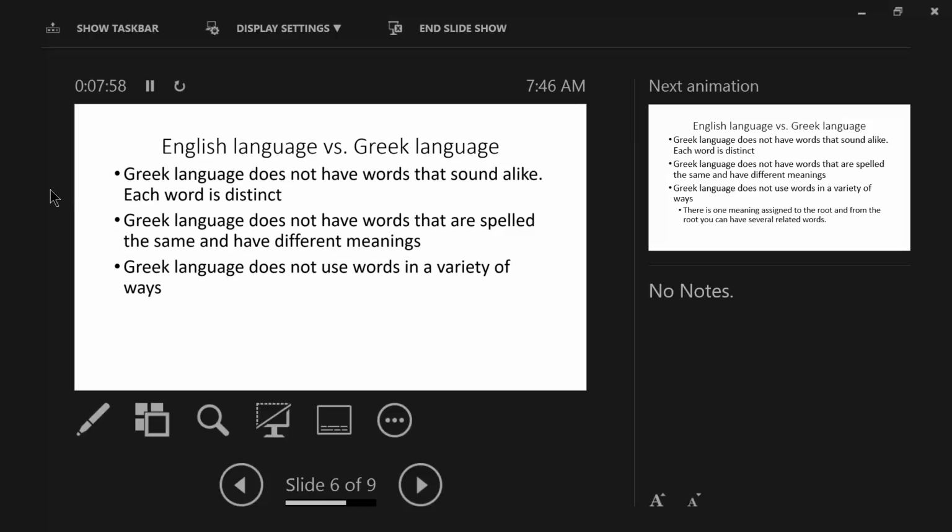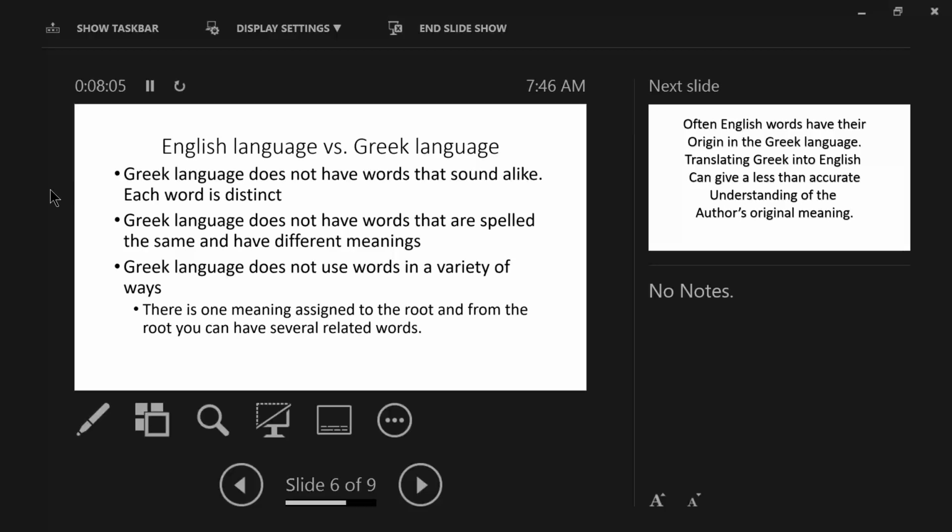The Greek language does not use words in a variety of ways. They are concise. There is one meaning assigned to the root, and from the root you can have several related words, but the root remains the same.